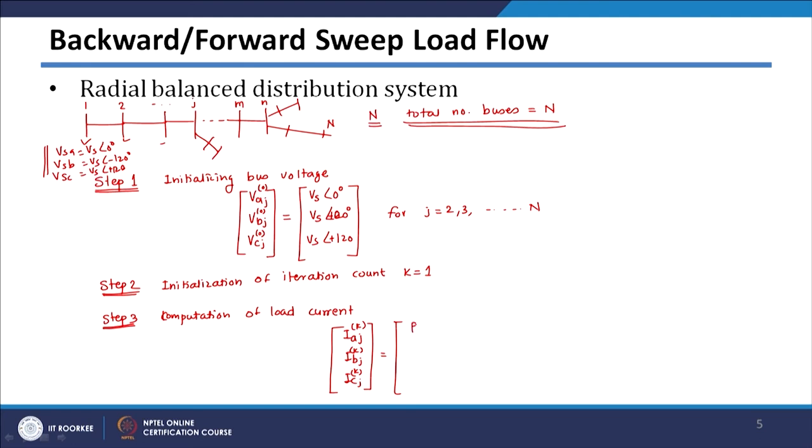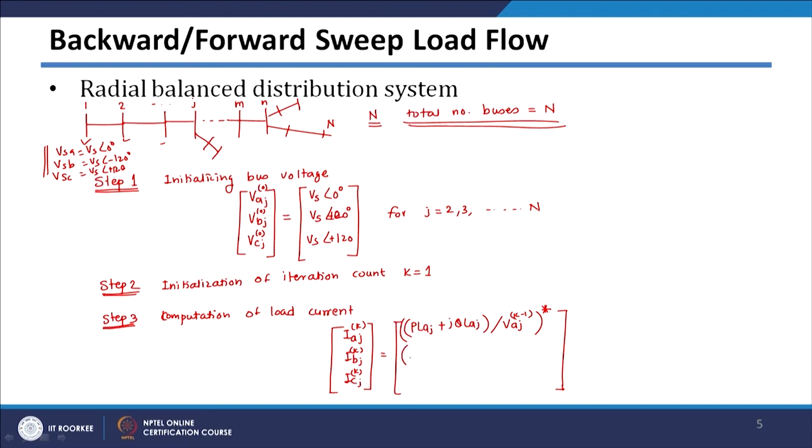So, load P L A j plus j Q L A j, the load of A phase at the jth node, divided by the voltage of the k minus 1th iteration, and then we are taking the complex conjugate of it. So, this gives me the load current of A phase.